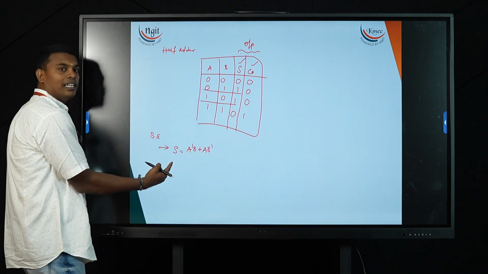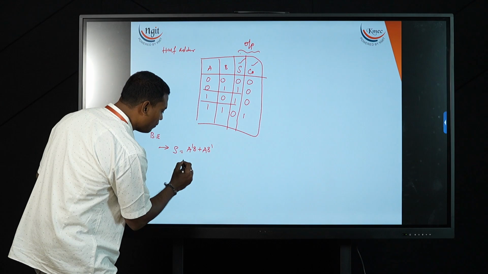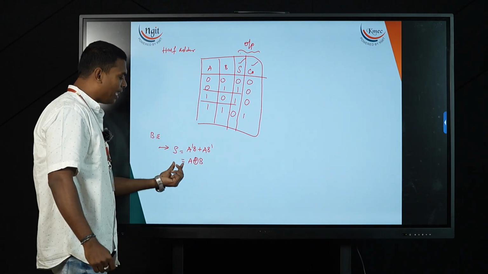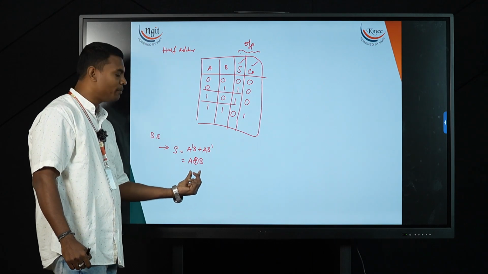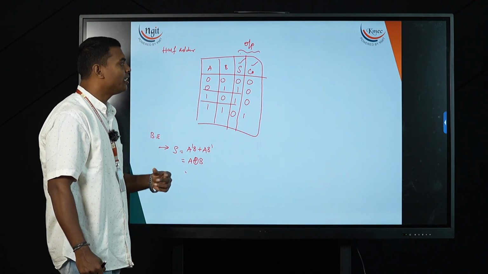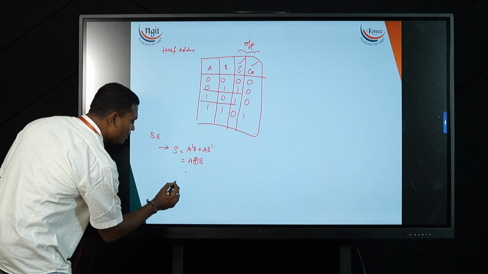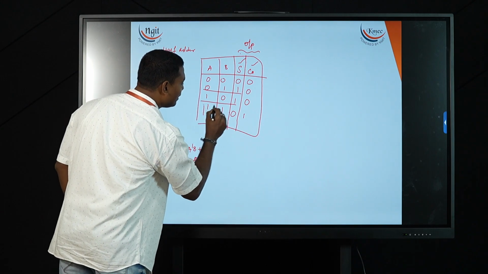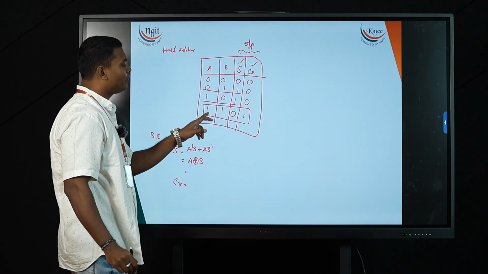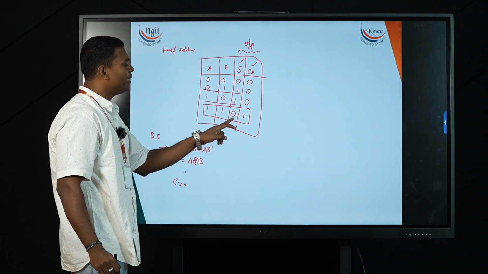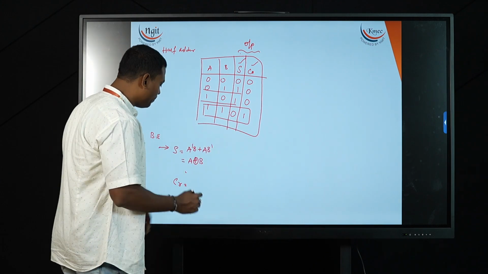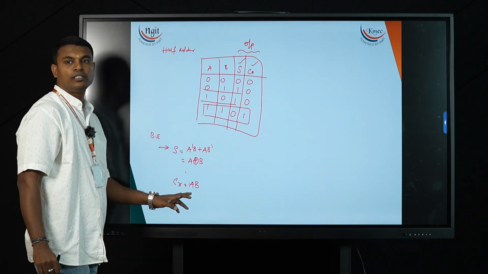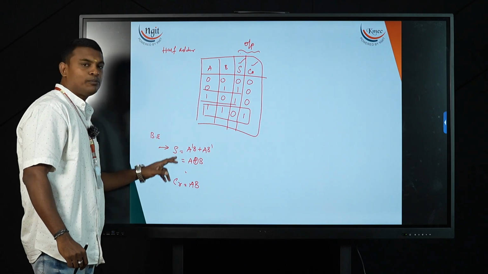If you observe clearly, the expression is A exclusive OR B, so I get the value when I perform an exclusive OR operation between A and B. Coming to carry, I have 1 at only one point, where A is 1 and B is 1. So the carry equation becomes A AND B, that is, carry equals A B. These are my Boolean expressions.